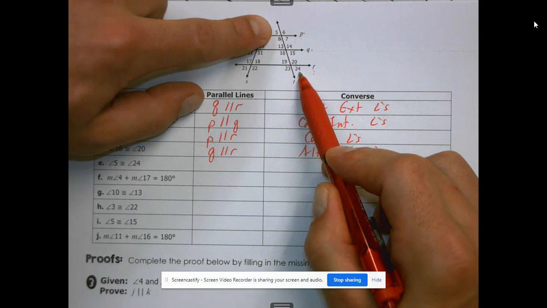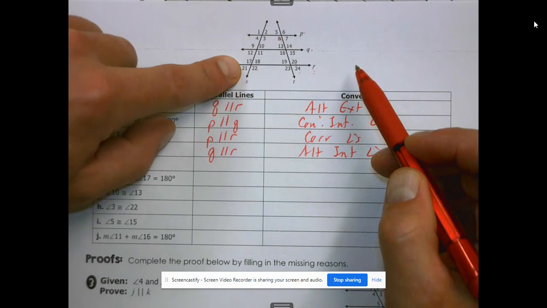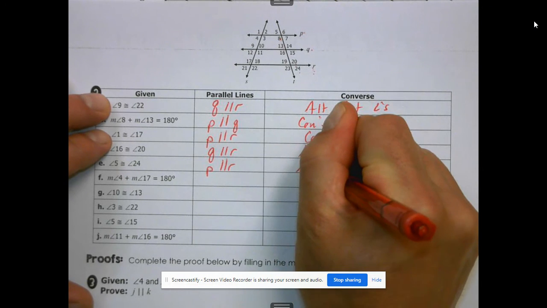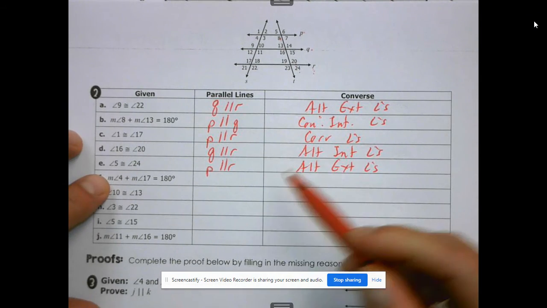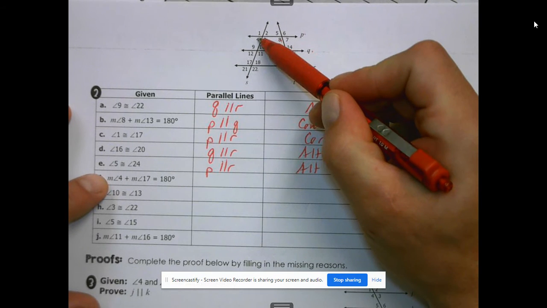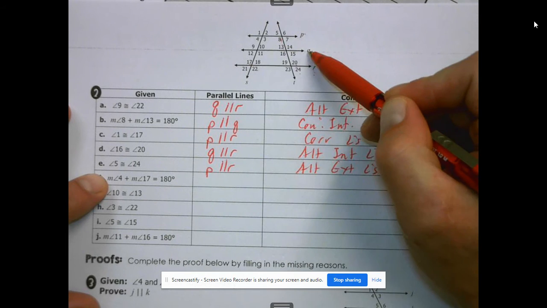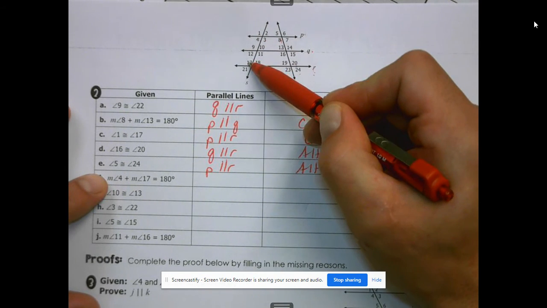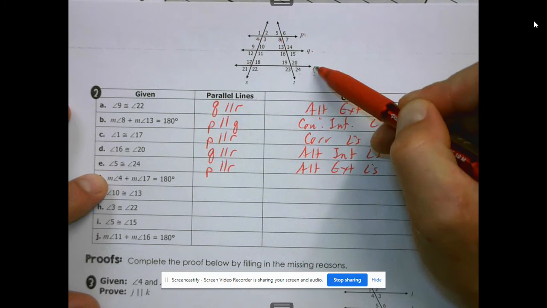These are alternate exteriors, and line P would be parallel to line R. 4 and 17. There's 4, there's 17. I don't need the middle line, so pretend that's not there. They're both on the inside, same side, consecutive interiors. And that would mean line P is parallel to line R.